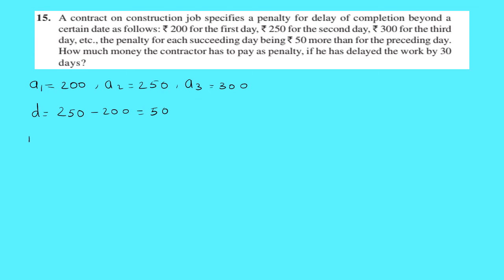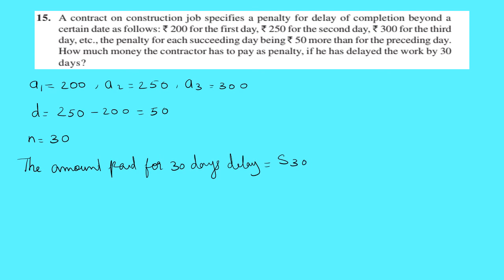So you are taking n equal to 30. The amount paid for 30 days delay equal to S30.